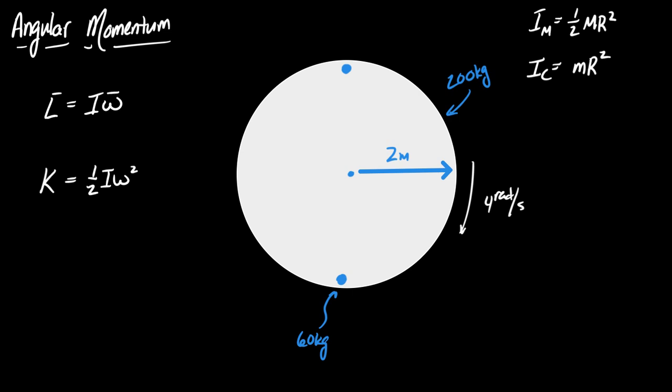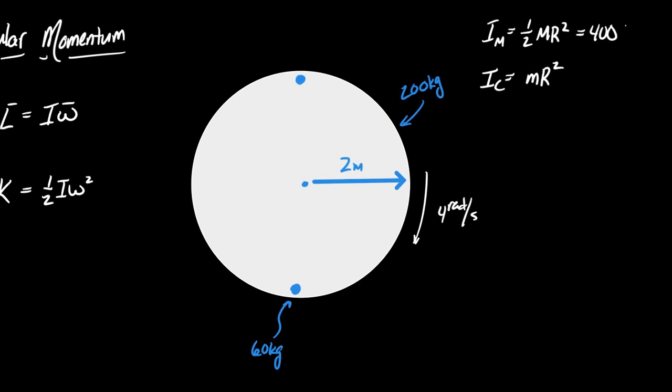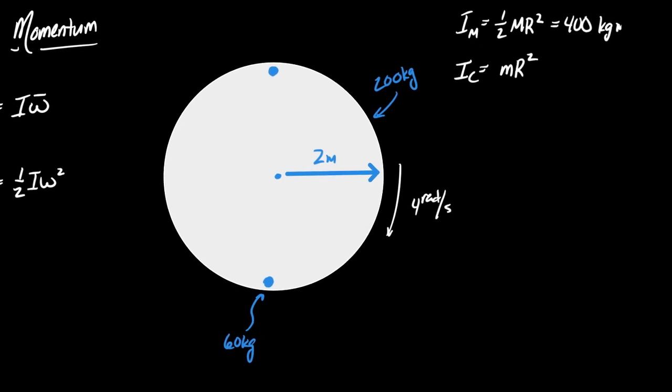So for the most part, I'm seeing the right things. A few missteps, just a few. So let's start with moment of inertia real quick. The moment of inertia of the merry-go-round is 400 kilograms meters squared. Let's be careful about units here. Okay, kilograms meters squared.